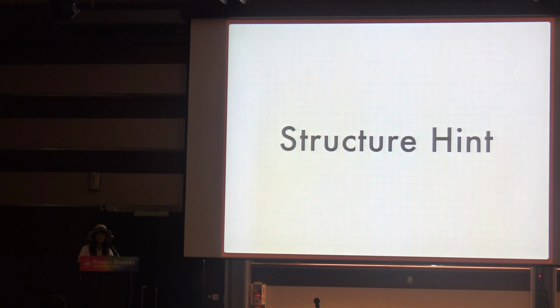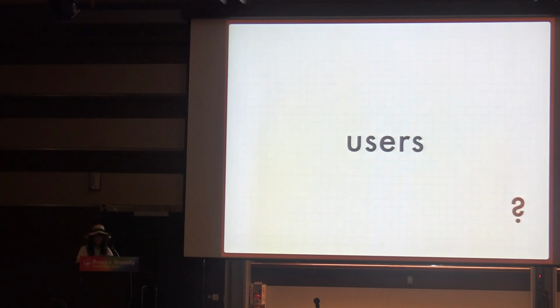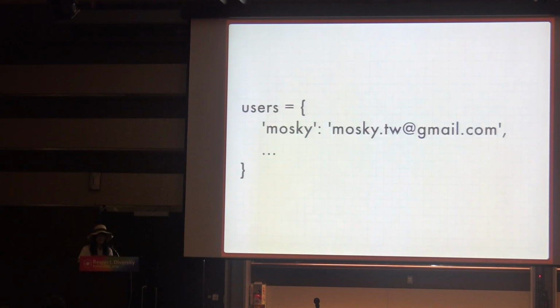So far, we introduced the operation hint. You can also put hints on the structure. Like if you find code that says users, but what users? Users may look like user ID mapped to email. It's pretty okay.